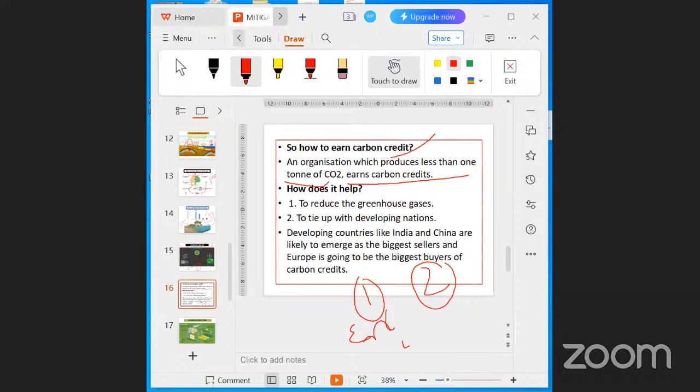So now, how does it help? Countries which are signatories to the Kyoto Protocol, I already told you about this Kyoto Protocol, under the UNFCCC, the United Nations Framework Convention on Climate Change, have two conditions for the carbon credit criteria. What are the conditions?